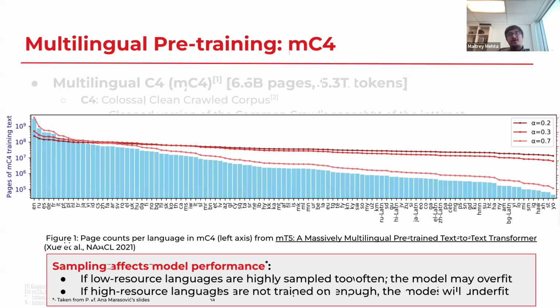And undersampling high resource languages is also not a great strategy, because then you lose the performance benefits of the high resource language as well, and it affects cross-lingual transfer and things like that. So you want to do those sampling experiments really carefully to find the right balance of how much to oversample from the low resource languages and how much to undersample from the high resource languages, right? So yeah, sampling is important.